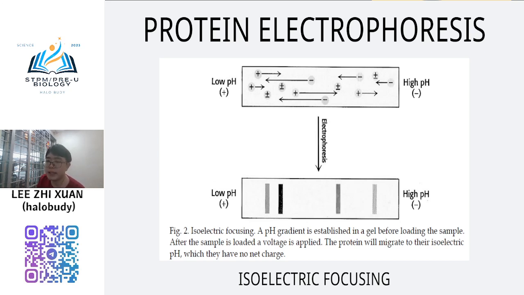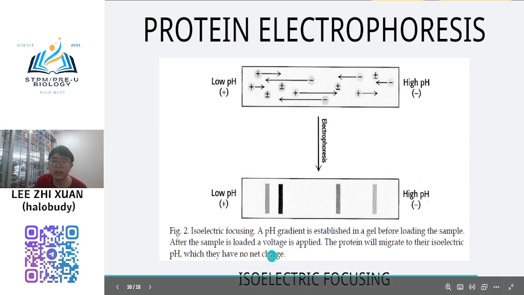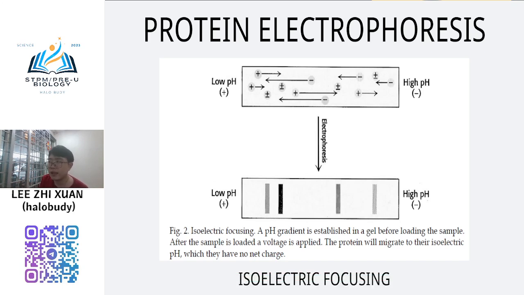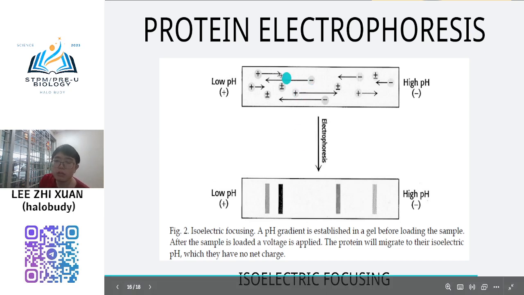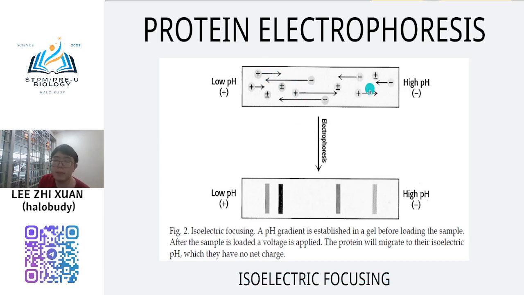You should still remember that some proteins are acidic, some are basic, some are polar, some are non-polar. For acidic amino acids, the isoelectric point, meaning no net charge, will be at a lower pH, so they will move to here. For basic ones, they will move to here. So like that.